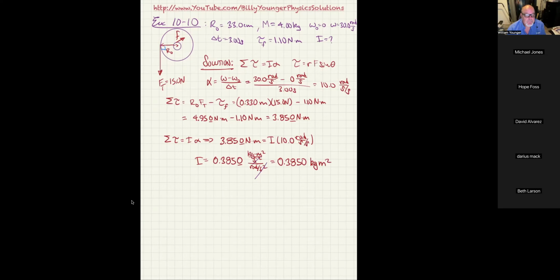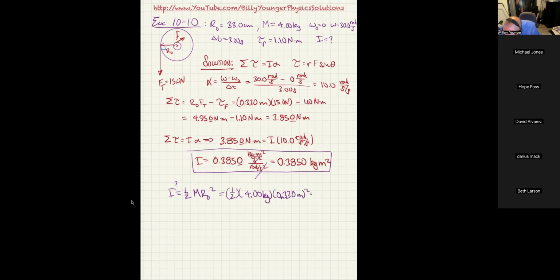Any questions on that? Now, if we thought this thing were an actual cylinder, then we might expect I to equal 1/2 m r0 squared. So let's check that and see if this seems reasonable. So I'm going to write 1/2. We know the mass is 4.00 kilograms, and we know the radius is 0.330 meters.